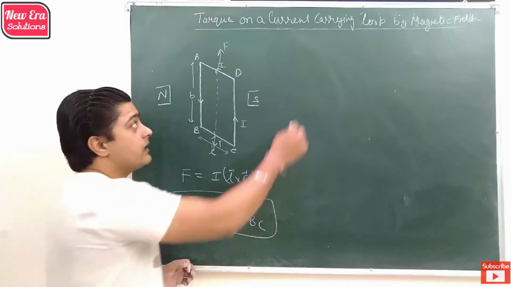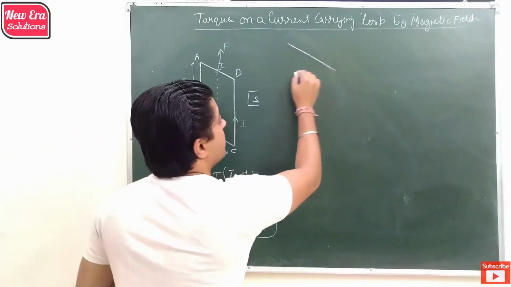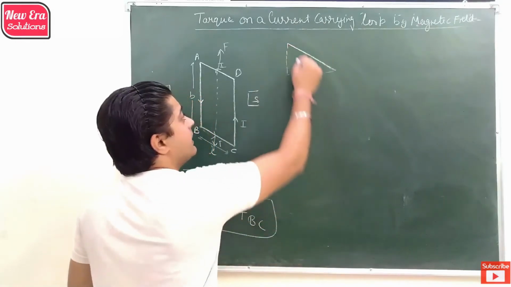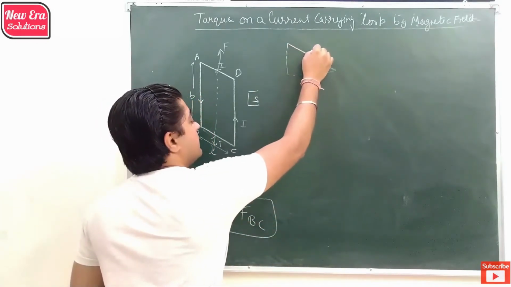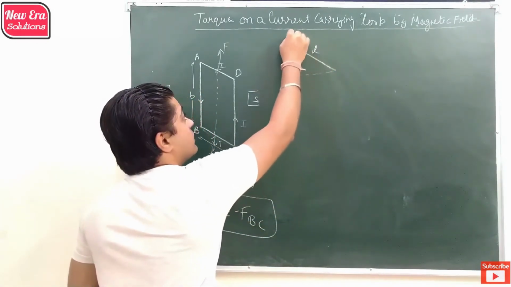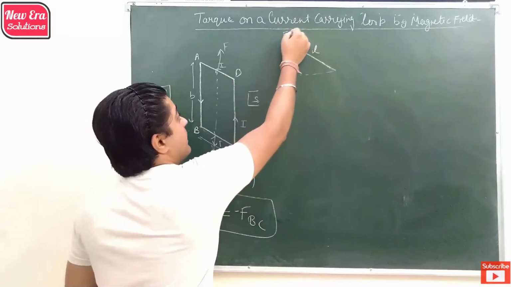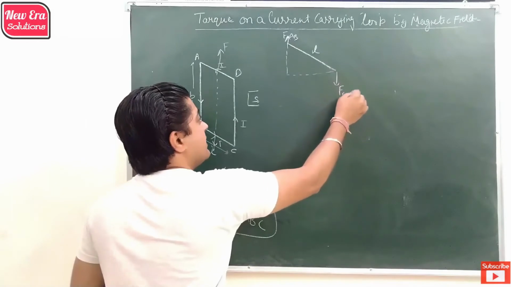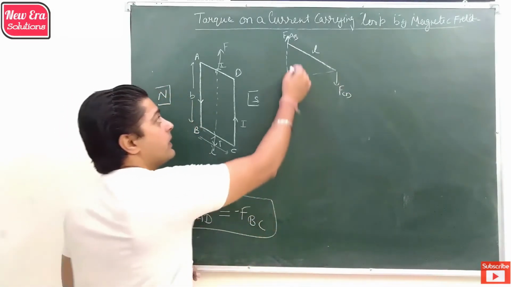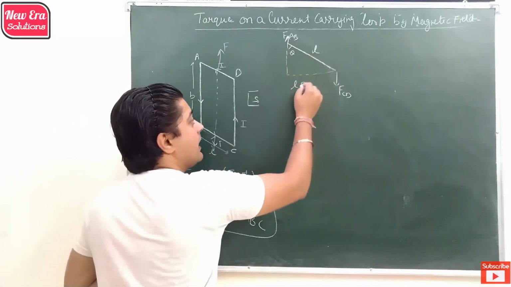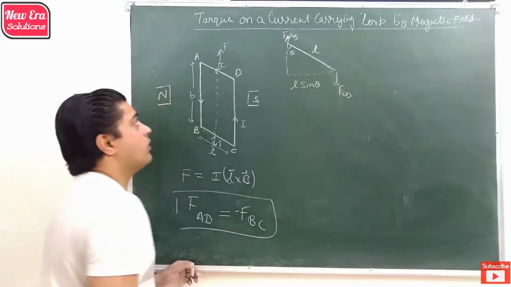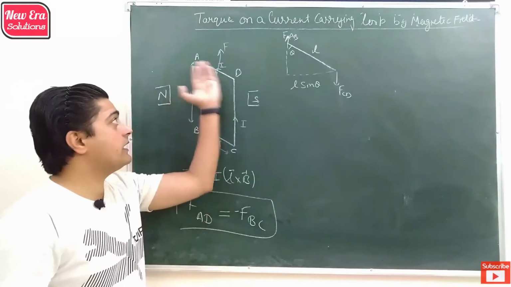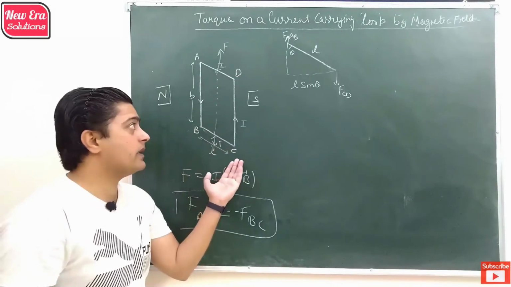So if theta is the angle between the normal of the rectangular loop and the magnetic field, then the forces acting on the segments AB and CD have a perpendicular distance L sine theta, because along the length L the forces cancel each other out in segments AD and BC.